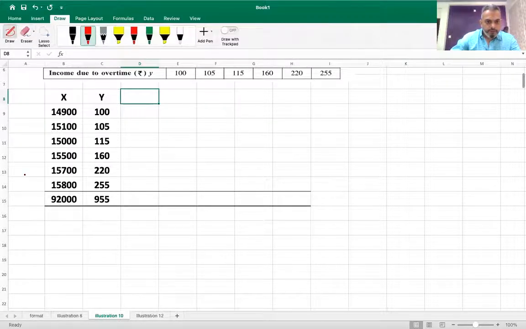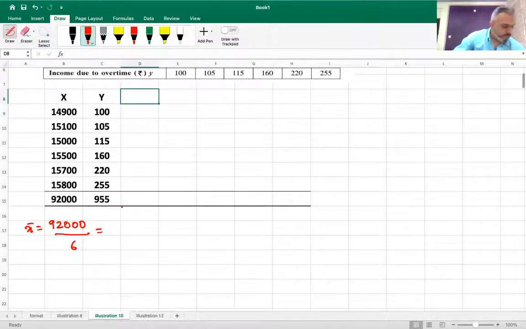So over here, x bar is equal to sigma xi, 92,000, upon n, upon 6. So that comes to 15,333.33.